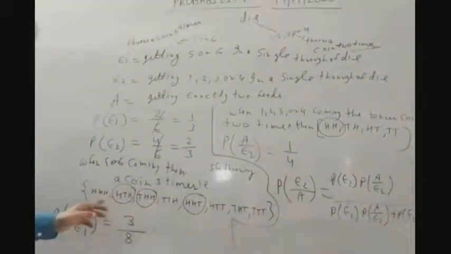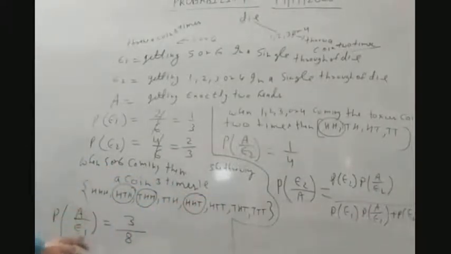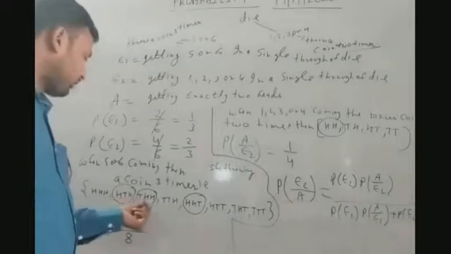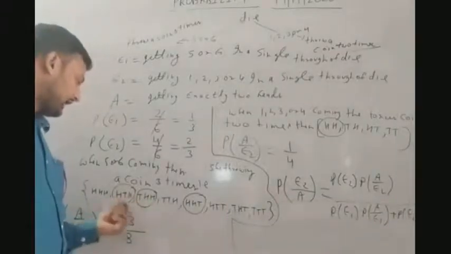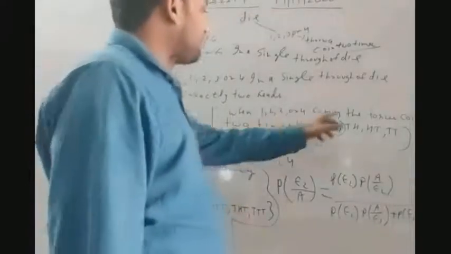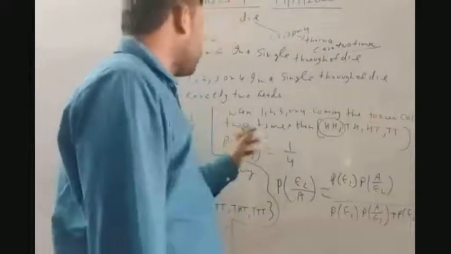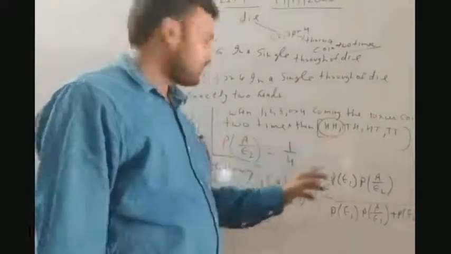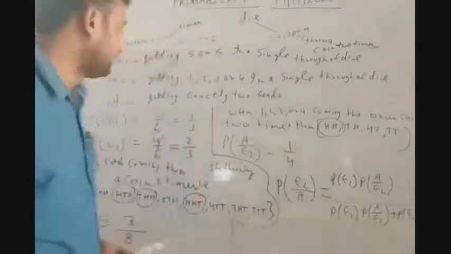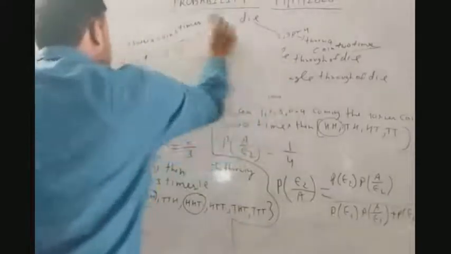Then the sample space is this, and we have to find the probability of A by E1, the probability of getting exactly 2 heads when E1 occurs. So it will be 3 by 8, because exactly 2 heads occurs in 3 outcomes here. Now when E2 comes, she tosses the coin 2 times. So here there is only one case, that is 1 by 4, and we have to find E2 by A. Now we put in the values and we will solve it.